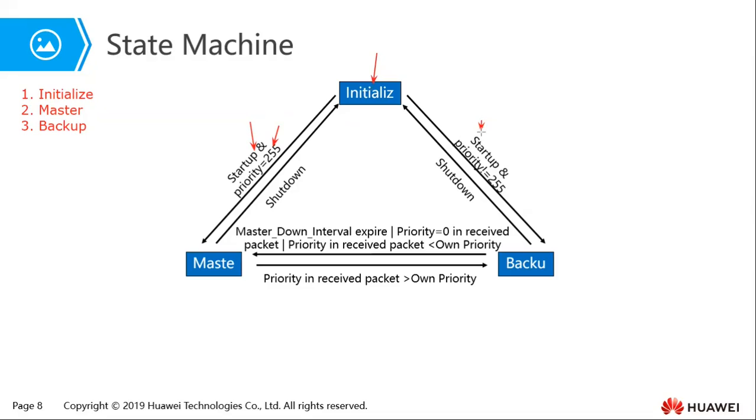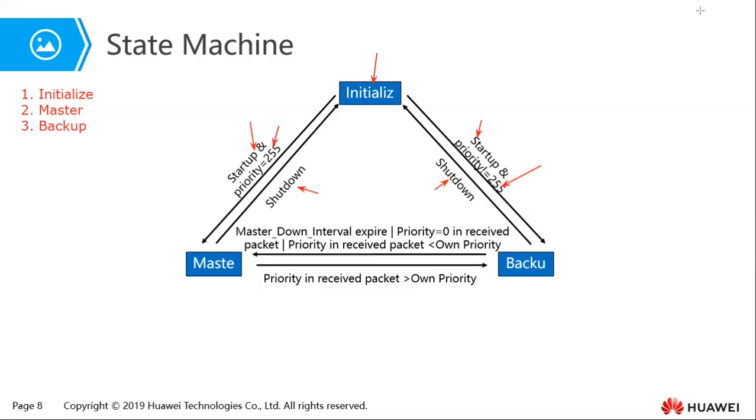From initialize, you can either become a master or become a backup. You see here we have priority equal to 255, which is the highest priority because the priority ranges from 0 to 255. Now, if you shut down or disable VRRP on your router, then you can go back to the initialize state.